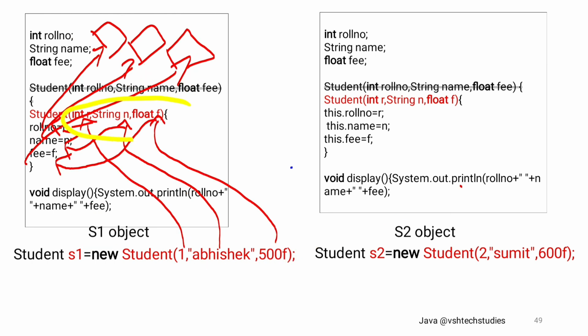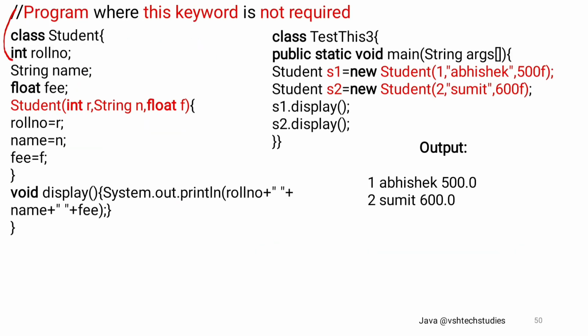Because the formal parameter names and instance variable names are different, without the this keyword this program runs and we get the output. This is the program with different named formal parameters and instance variables, and this is its output. Here the program is written without the this reference keyword, and it runs successfully and gives the output.